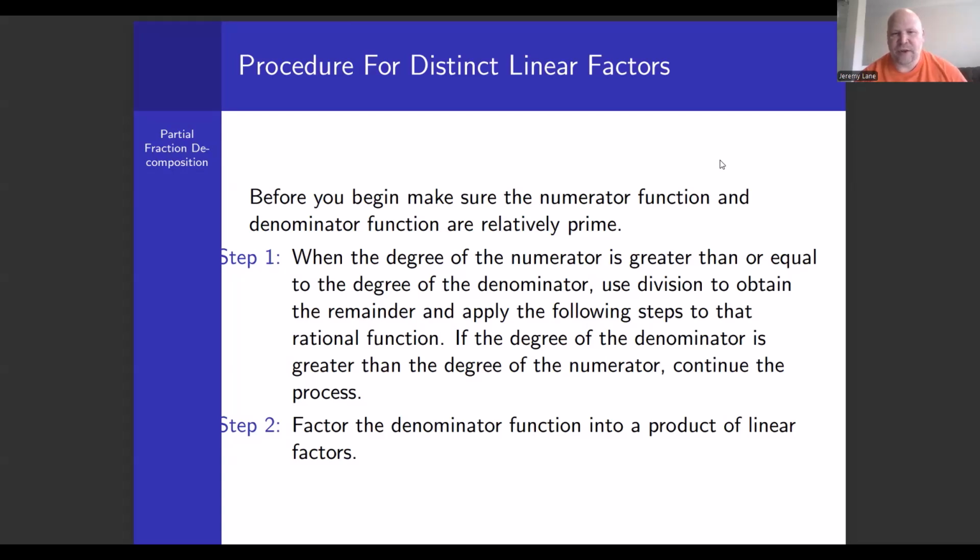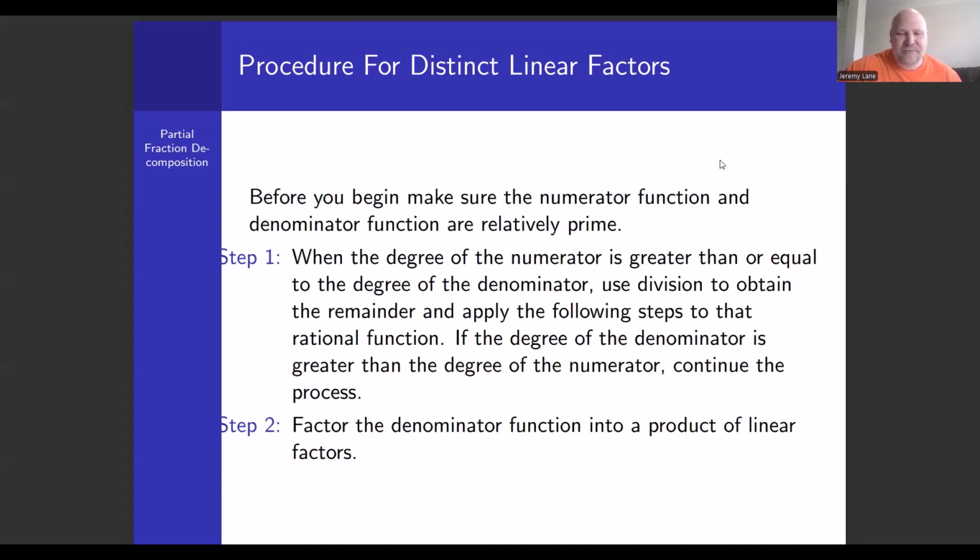So the very first thing you have to do is check the degree of the numerator and the degree of the denominator, and you have to have what's called a proper fraction. When you have rational functions, you have to make sure that the degree of the numerator is strictly less than the degree of the denominator. Otherwise, you will have to do a division process of some kind and reduce the rational function down to a proper fraction so that we may proceed.